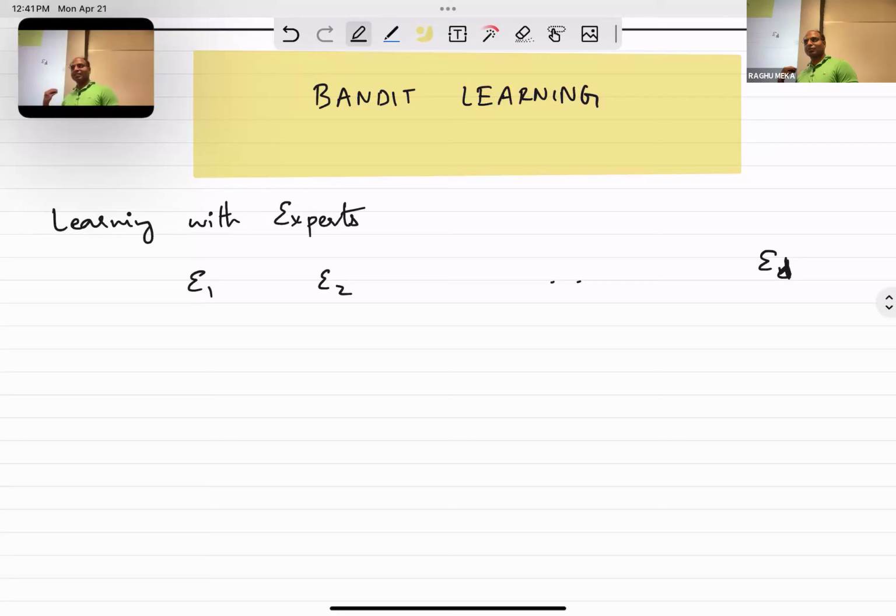But in the way we are approaching the algorithm, imagine that I pick expert one. Then I get information about what expert one predicted. But at the same time, we're also making a big assumption that we also see how all of the other experts did, even though we did not pick them.